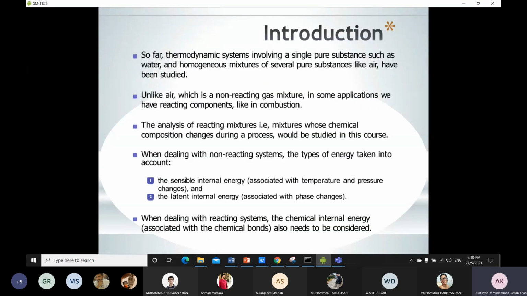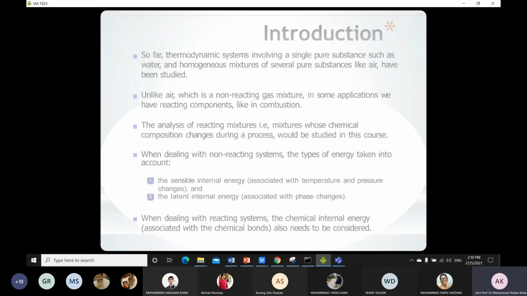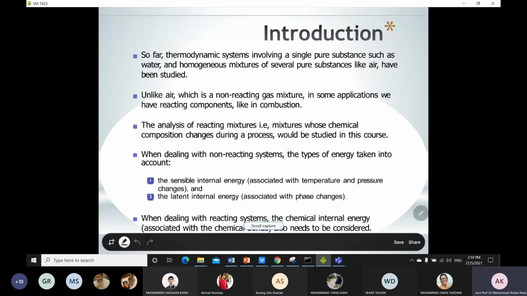So far, thermodynamic systems involving a single pure substance such as water, or a homogeneous mixture of several pure substances like air, we already studied in the previous lecture. Unlike air, which is a non-reacting gas mixture, we have some applications where we have reacting components, for example in the combustion process.